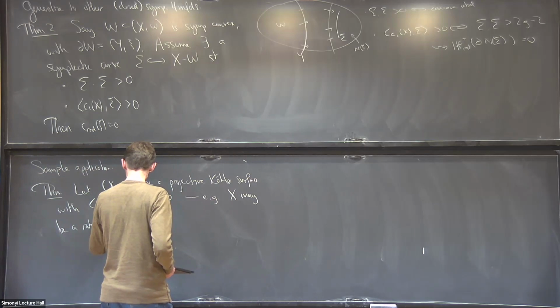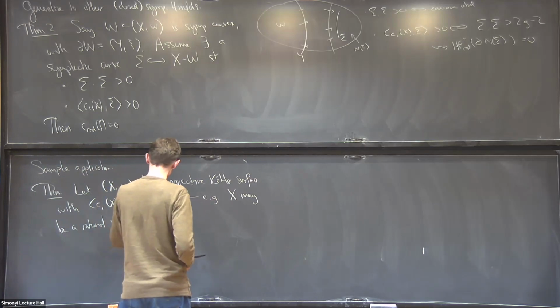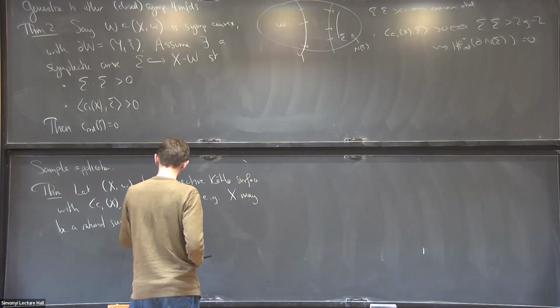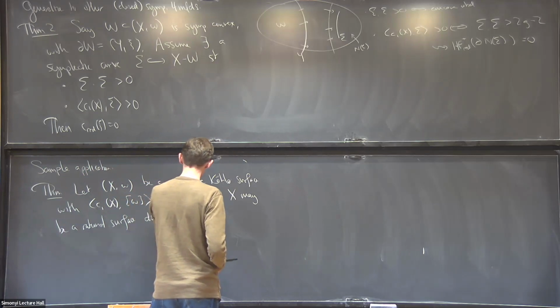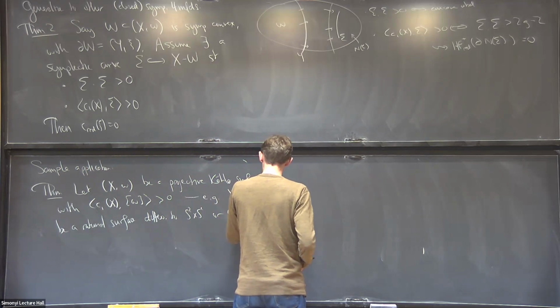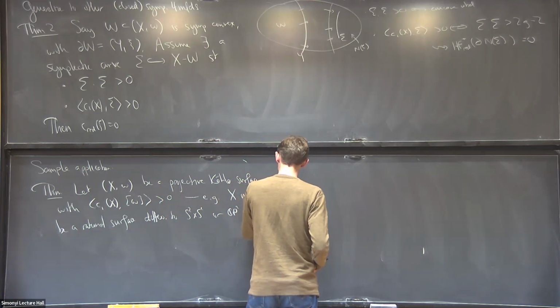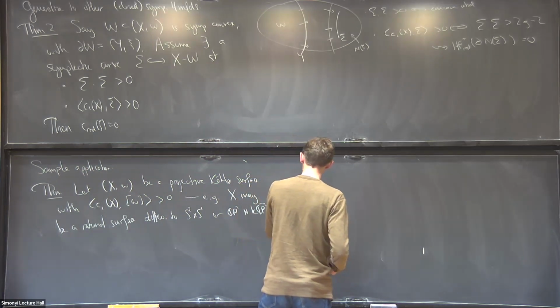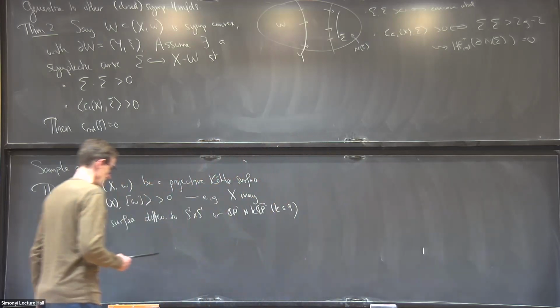So a rational surface, say, diffeomorphic to either S2 times S2 or CP2 along with some number of points, but no more than 9.